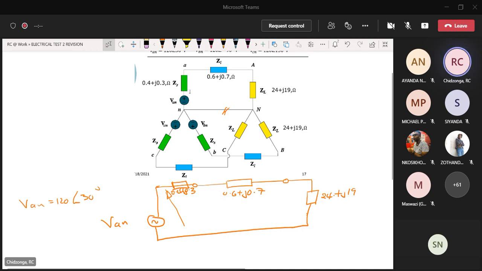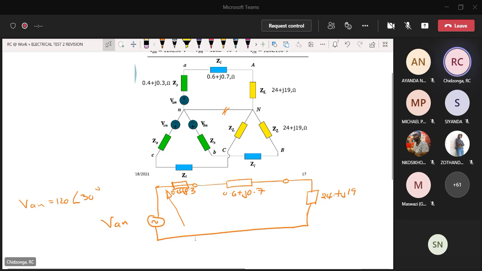This is a generator, a three-phase generator, right? Or you could argue and say the actual 120 is the one which is right here, in which case the voltage that is going to appear here will be a little lower than 120.